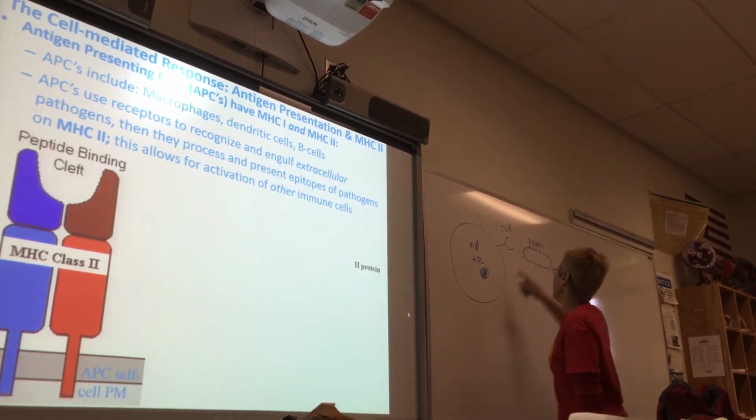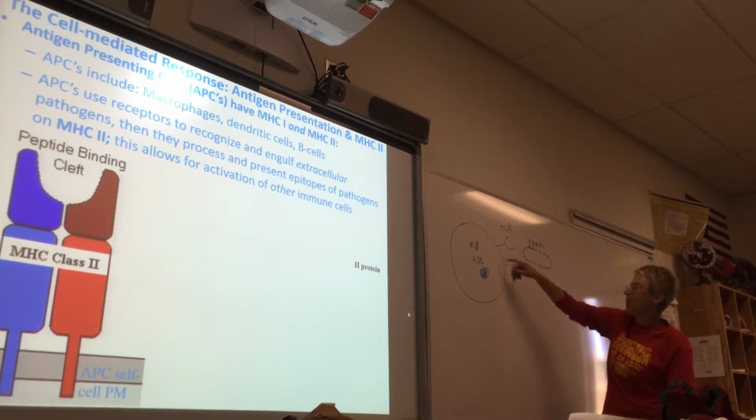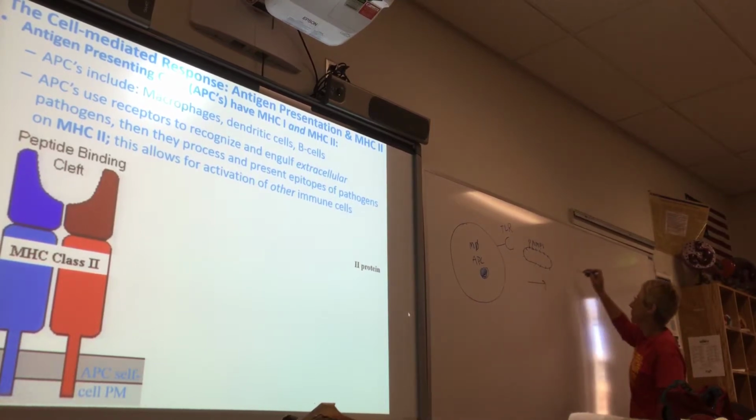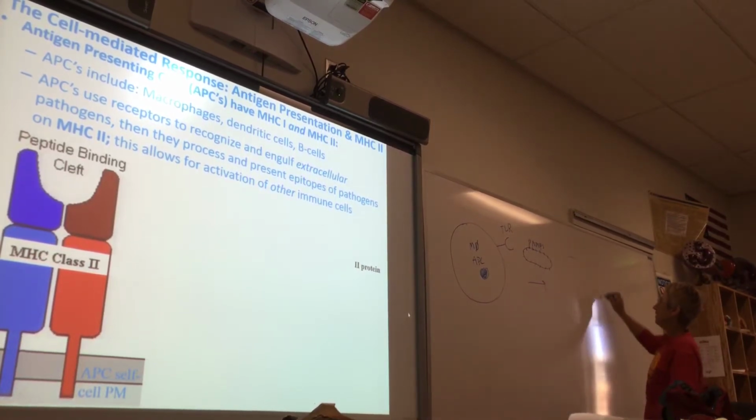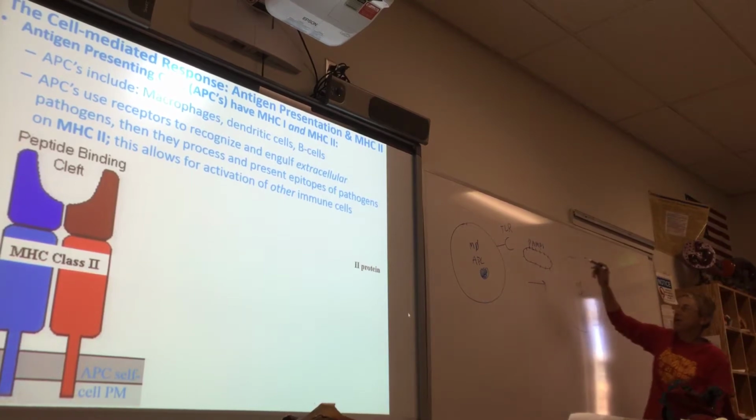So let's say that recognition occurred here. Now the macrophage has taken the bacteria inside. So the macrophage that is also an antigen presenting cell takes this guy inside and chops him up.